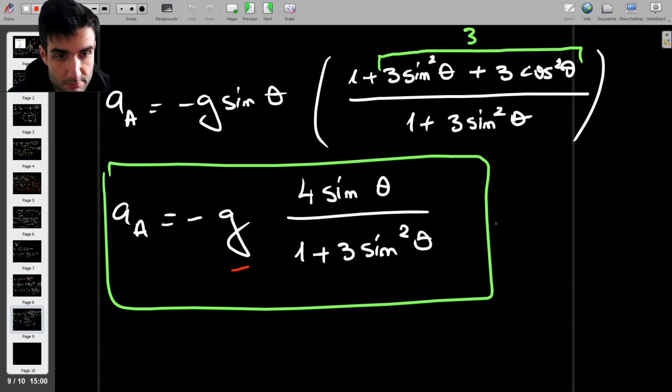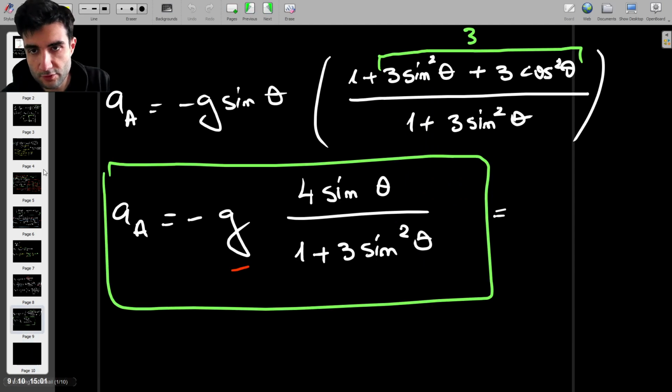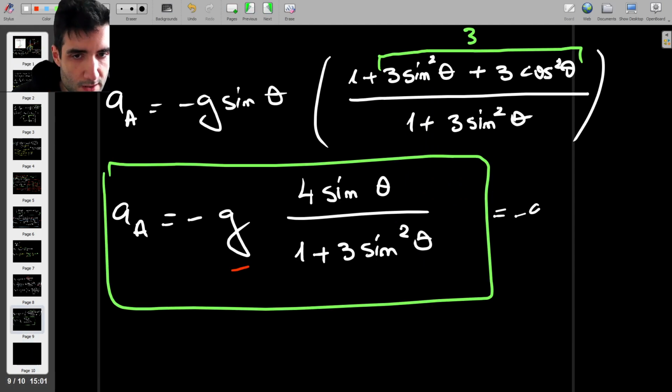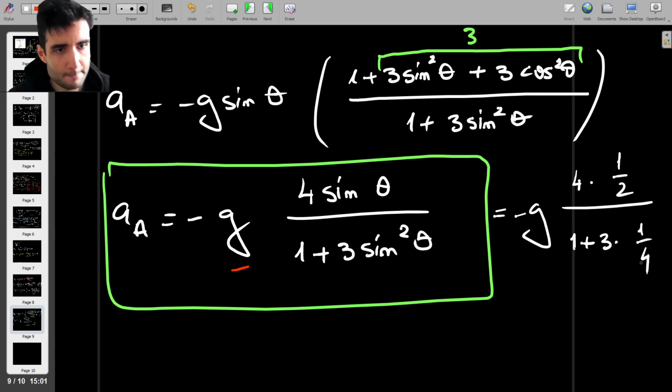Now, if you want to put numbers in, you can, because the question is asking us to find the acceleration for theta of 30 degrees. So this is minus g times 4 times 1/2 over 1 plus 3 times, so sine of theta is 1/2, sine squared is 1 over 4, right?